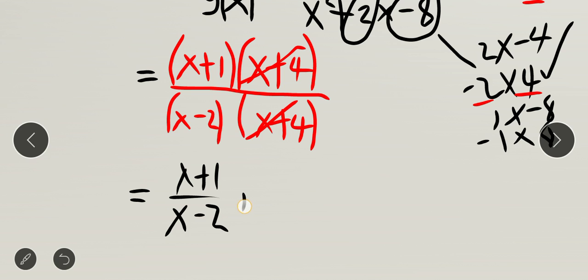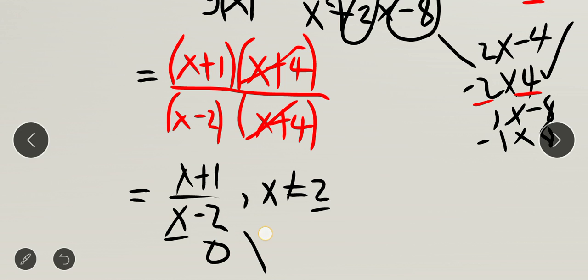Now, you have to be very careful because, according to our definition, our denominator should not be equal to 0. So what is the value of x that will make our denominator 0? X here should not be equal to 2. Because if you are going to substitute 2 to your x here, 2 minus 2 will become 0.